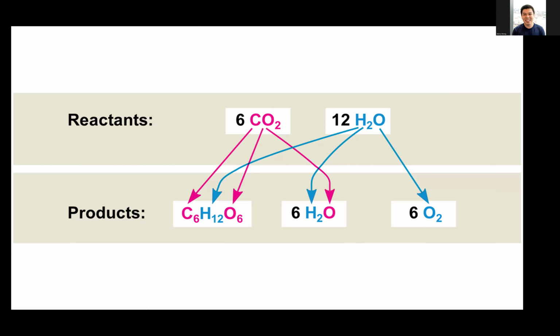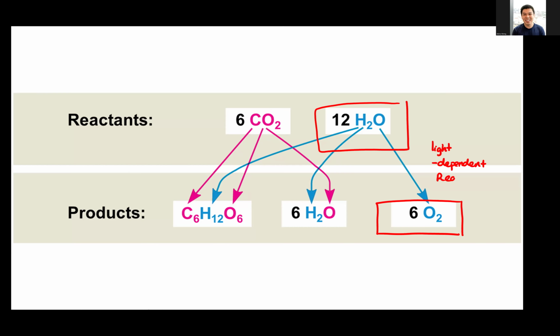Next, we need to keep track of how the atoms are moving in the chemical reaction. So remember just now we talked about water is converted into oxygen gas through light-dependent reaction, and then CO2 is being converted to glucose through light-independent reaction.